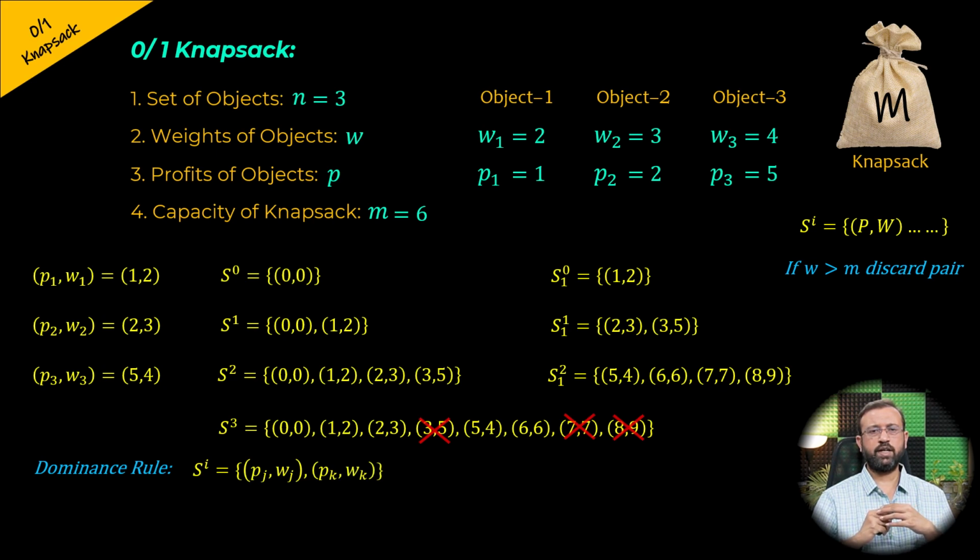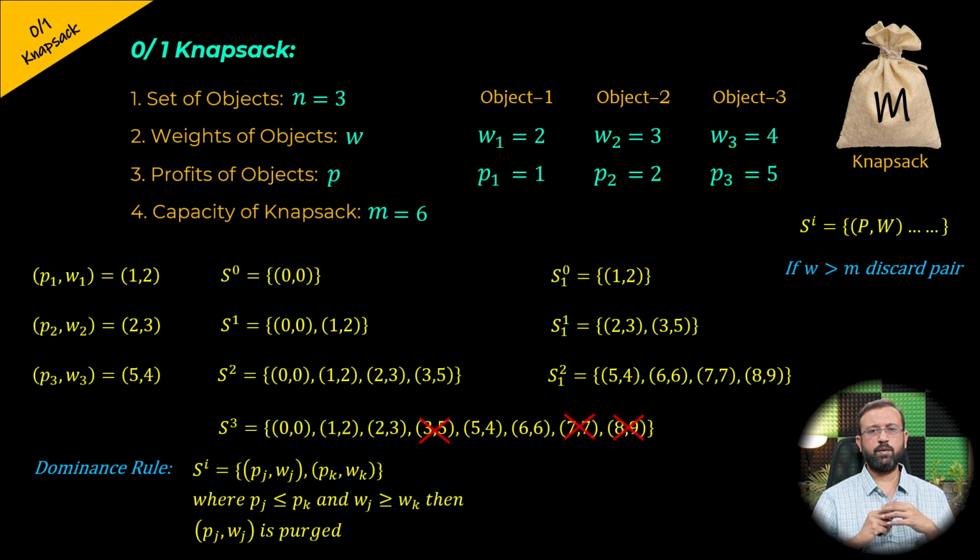So if the set Si contains two pairs Pj, Wj and Pk, Wk, where Pj is less than equal to Pk and Wj is greater than equal to Wk, then the pair Pj, Wj is purged or discarded. And we say that the pair Pk, Wk dominates the pair Pj, Wj.